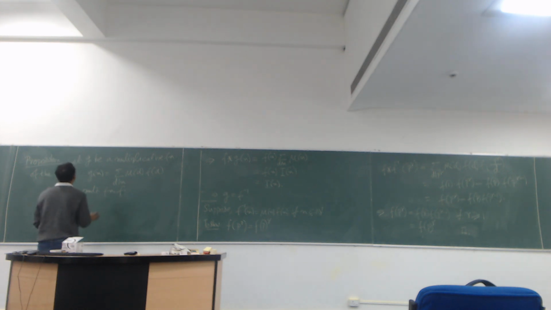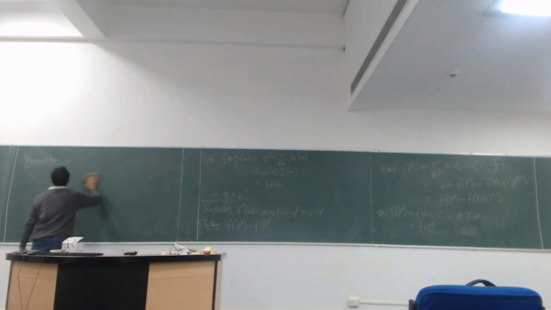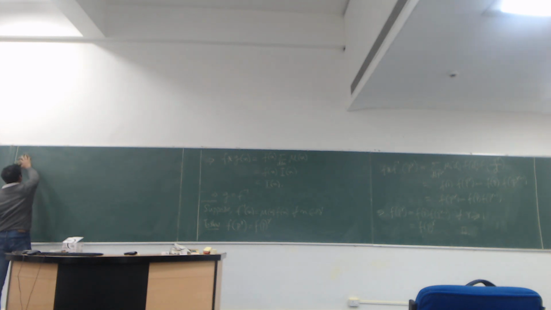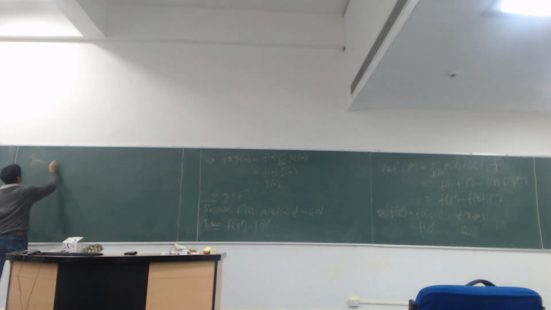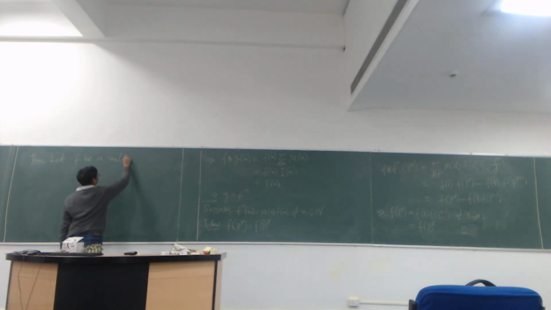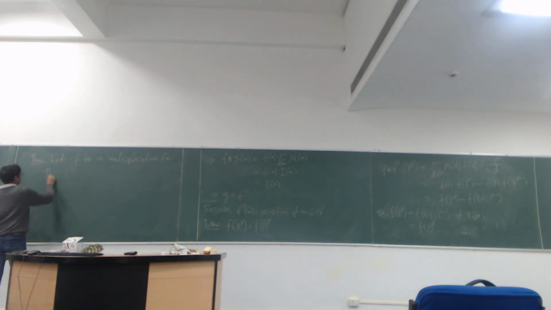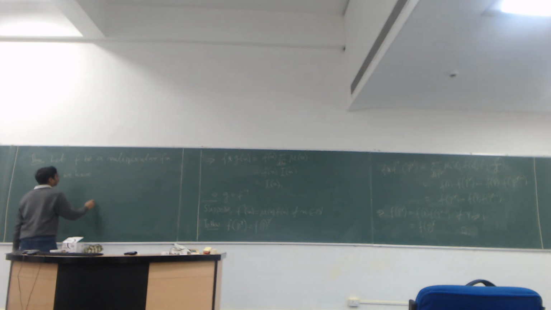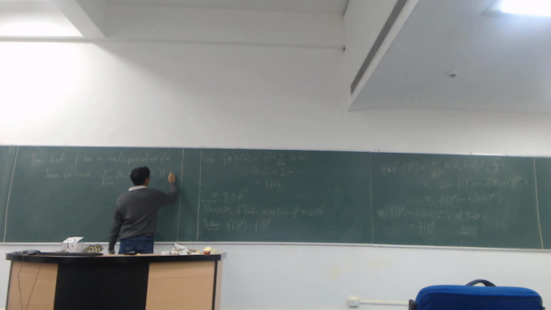So the proposition: let f be a multiplicative function, then we have the summation of mu(d) f(d) over d dividing n is equal to the product over primes p dividing n of (1 minus f(p)).